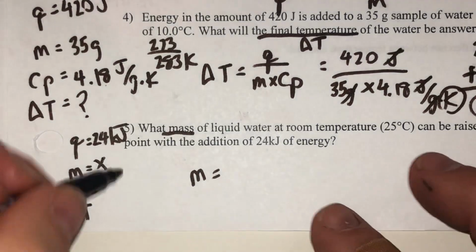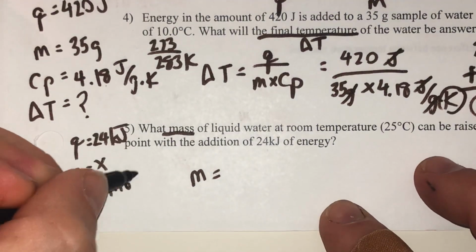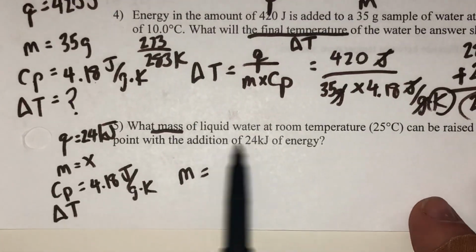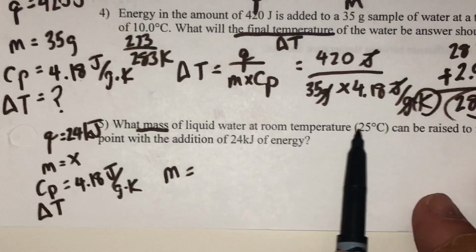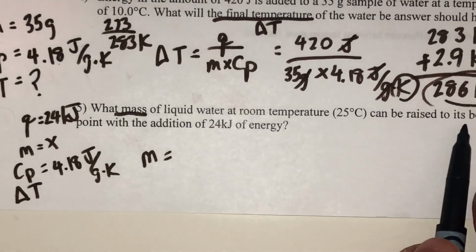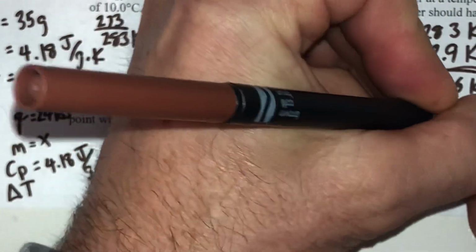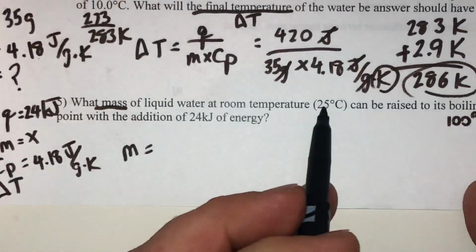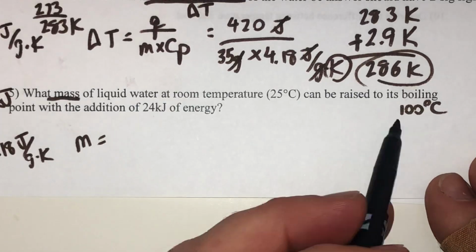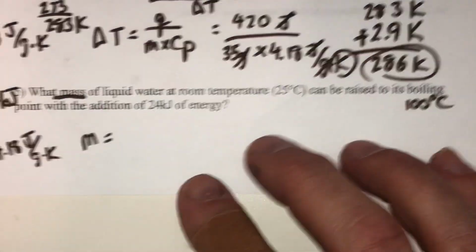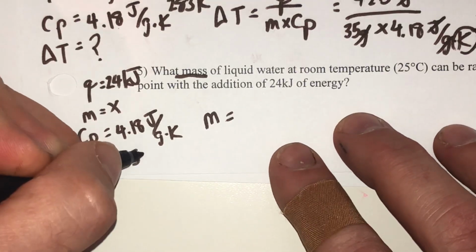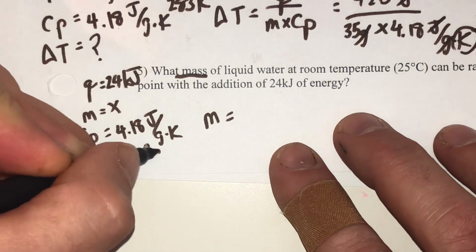Cp, we know it's water, so it's 4.18 joules per gram Kelvin. And our change in temperature, it says it starts at 25, room temperature, and it's raised to boiling, that's 100 degrees Celsius. So what's our difference in temperature? It goes from 25 to 100. That's a difference of 75 degrees. So that's my delta T, 75 degrees Celsius.